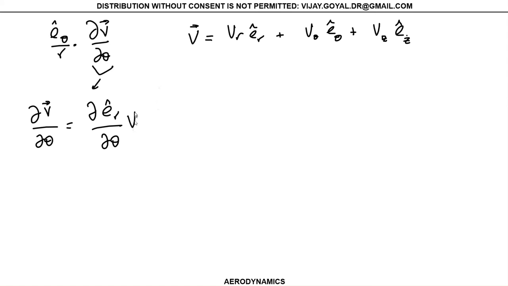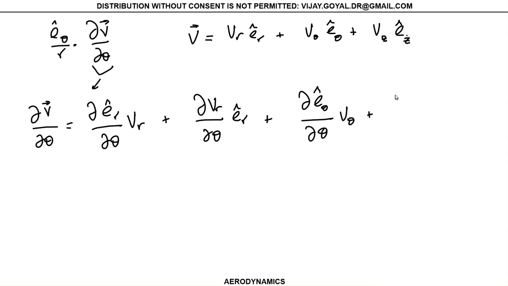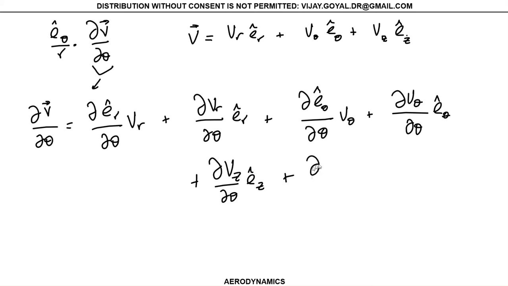That's why I'm using the chain rule. This will be partial of v_r with respect to theta, e_r, plus partial of e_r with respect to theta, v_r, plus partial of v_theta with respect to theta, e_theta, plus partial of v_z with respect to theta, e_z, plus partial of e_z with respect to theta, v_z.